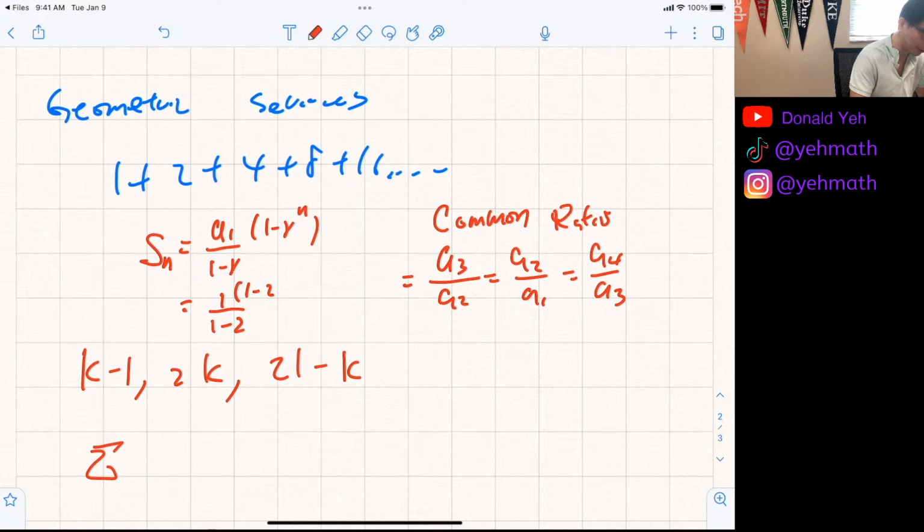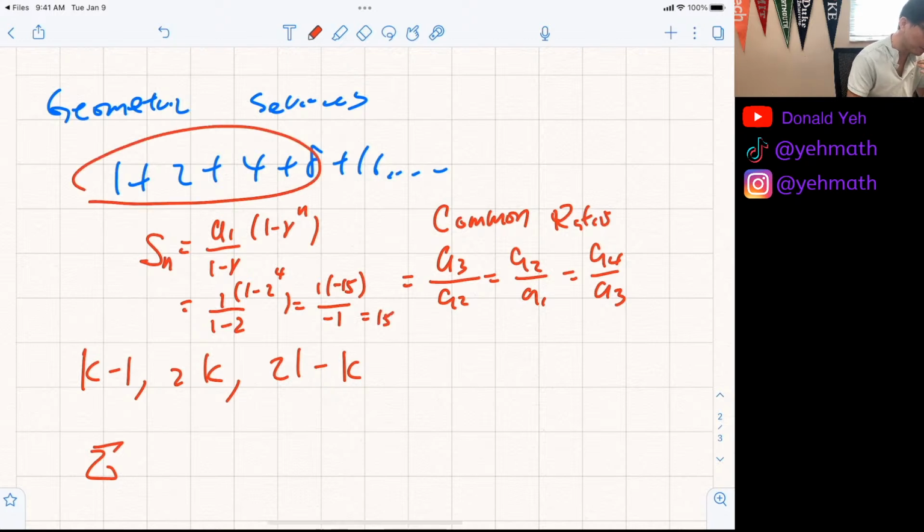That's the first 4 terms, so it'll be 4. That's equal to negative 1 times negative 15, so it's 15. So the first 4 terms should sum to 15. Is that right? Yeah, I was right.